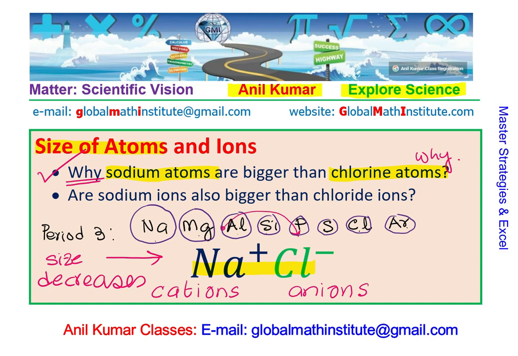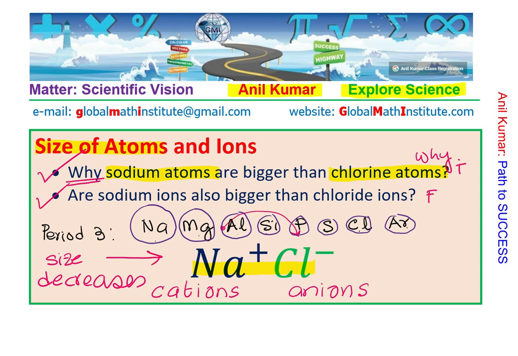However, the ion of sodium is much smaller than that of chloride ions, right? So this statement is false. The first statement is true. Does that make sense? Now, this concept can be applied to all other ionic compounds also.